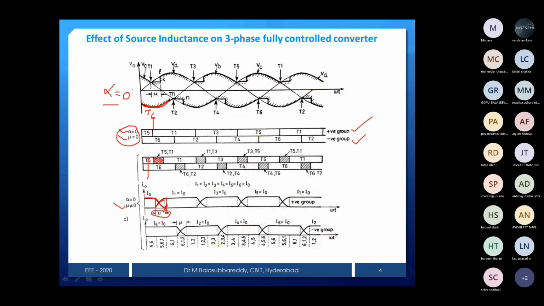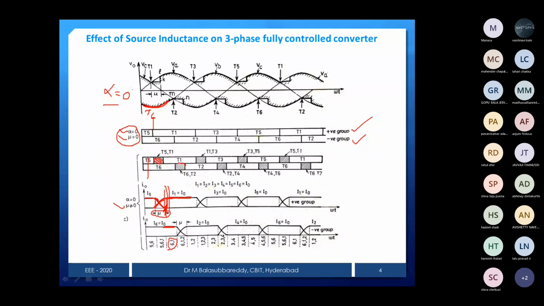At this instant 5 is completely turned off, because that current reaches 0, and then 1 current reaches the maximum. After the overlap period, 5 is completely turned off, only 1 will be turned on. Then what about this portion? T6 will remain there. Then during this instant 6 and 1 only will conduct.